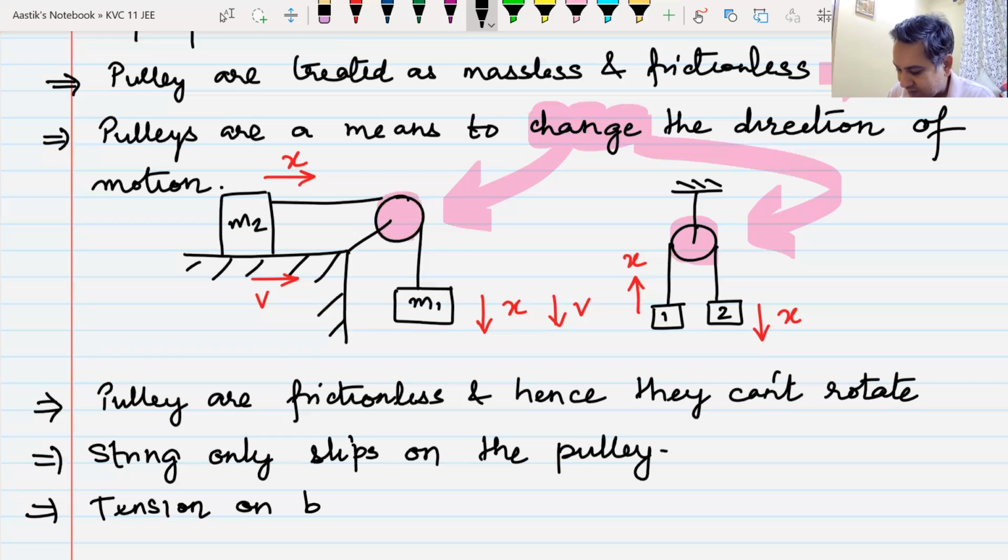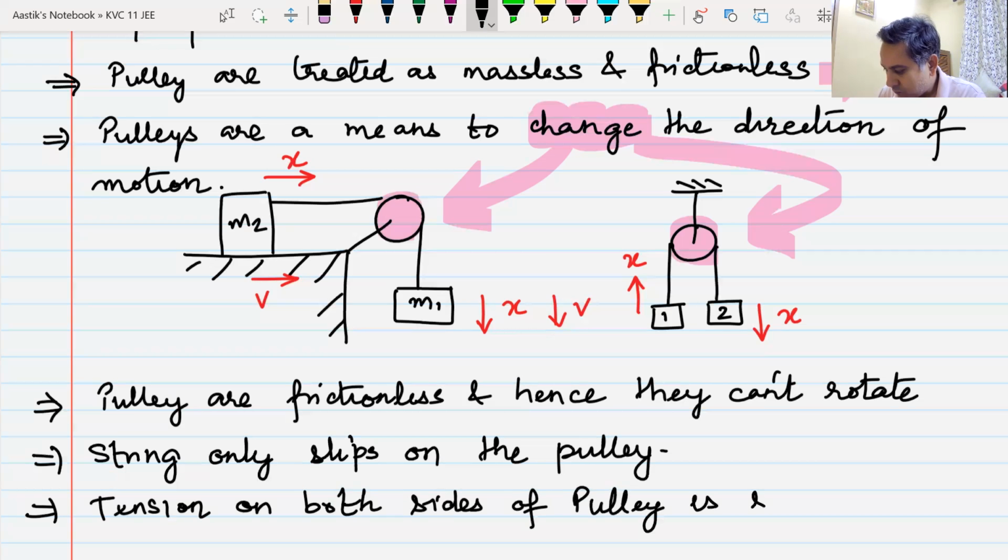Tension on both sides of the pulley remains the same. Since the pulley does not rotate, tension remains the same. So for example, if I draw the tension on the pulley, the tension is T here.